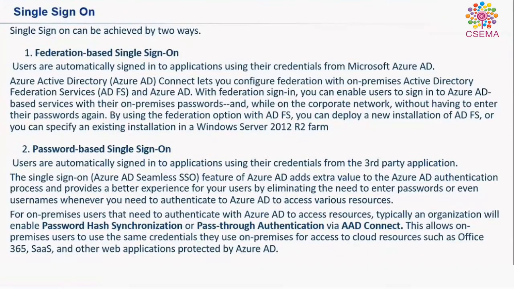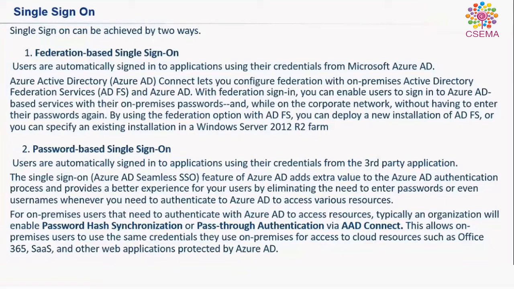So we'll look at some of the features in more detail. So one of them is single sign-on. When we talk about single sign-on, there are two options: federation-based single sign-on. So users are automatically signed into the application using their credentials from Microsoft Azure AD.